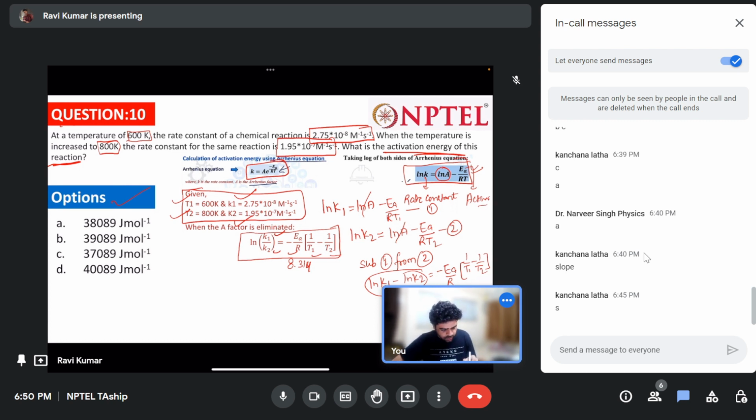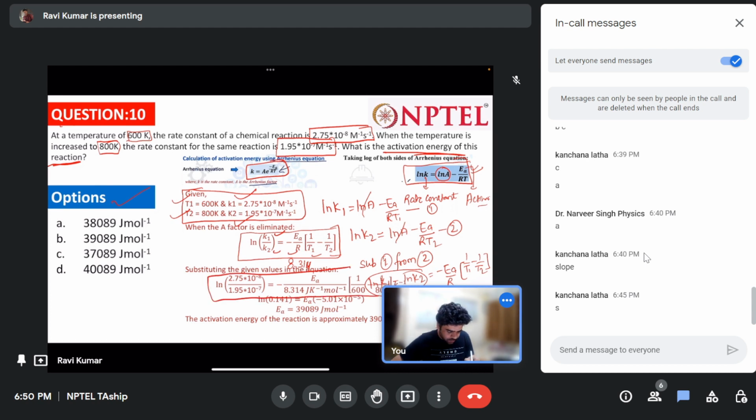Just putting these values here, you will get EA equals 39089 joule per mole. So option B, 39089, is the correct answer here. You can try this question at home as well and see where you are making mistakes.